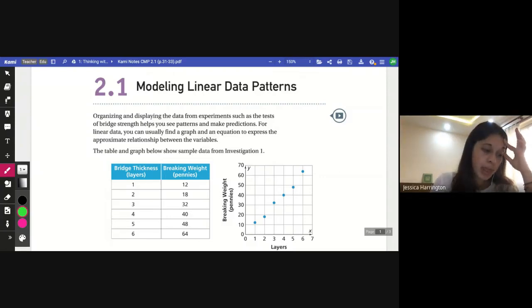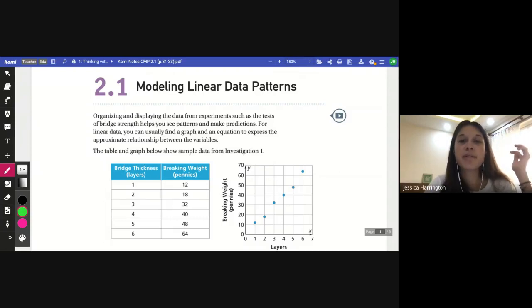Here, this is referencing that first thing we did back in the building that first week, the experiment about how strong a bridge is. But this experiment talks about how thick a bridge is and how many pennies it took for a little model bridge to break.